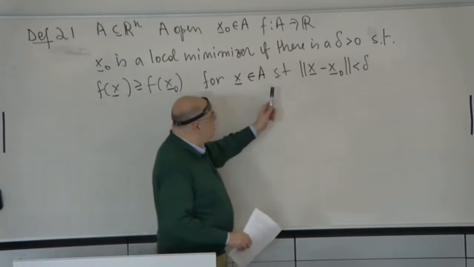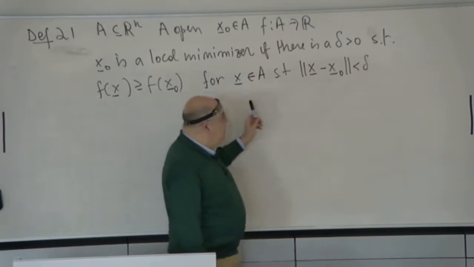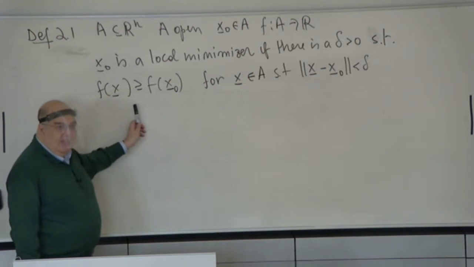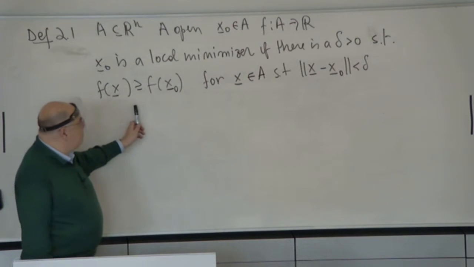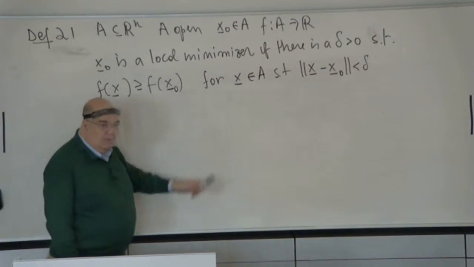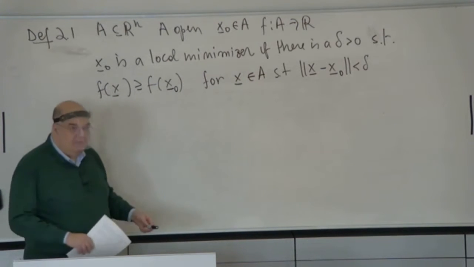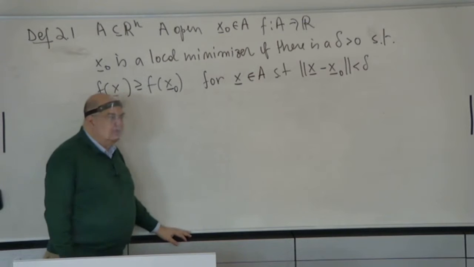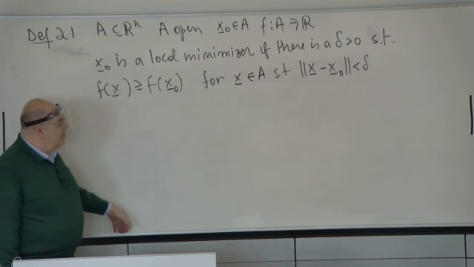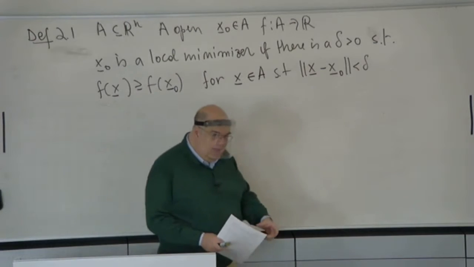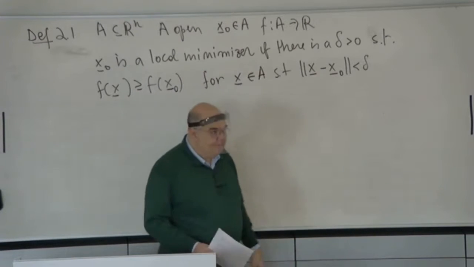If you remove this condition, so if this inequality holds for every x in A, then you say that this is a global minimizer, okay? Which is the second part of the definition. So local means it is true in a neighborhood, global means everywhere.